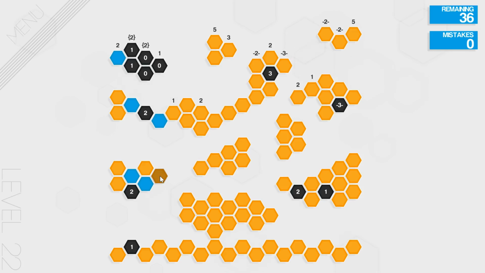This one's already solved that, so we can eliminate these. This one's touching 2, which solves that, which means I can eliminate this, which includes that and that. Interesting. This one's touching 2, so I can eliminate that, and this one's touching 1, so I can eliminate that. There's already 2 solved here.